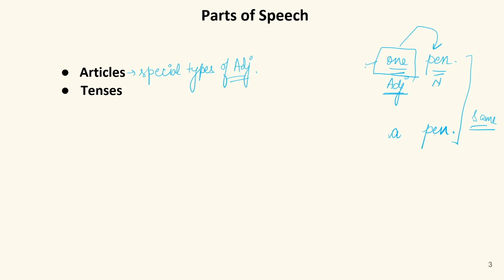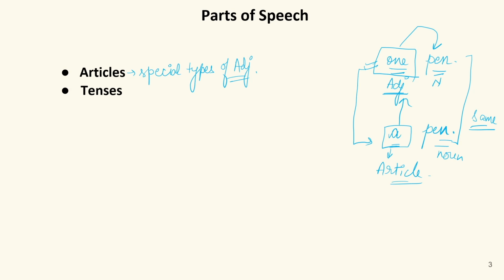It means if I say one pen, it definitely means a pen; "a pen" or "one pen" means the same. Now, if I see this word a, this is an article. We read this as an article, or you can say indefinite article, and pen is a noun. But this is behaving like an adjective, doing the work that an adjective does.